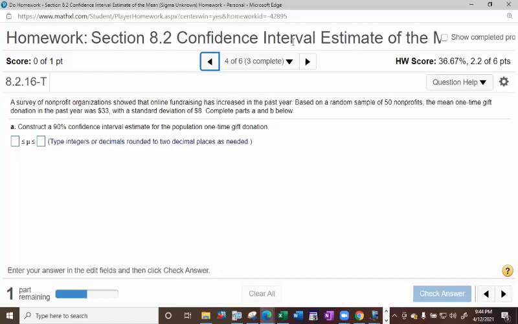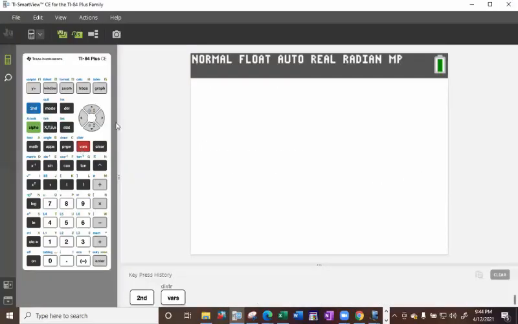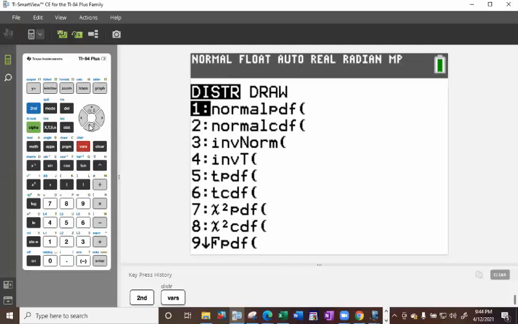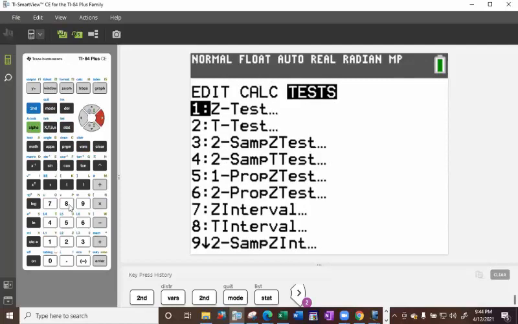Random sample of 50 nonprofits, mean, standard deviation, parts A and B, 90%. All right, she should be straight up 90% T interval. So I can't even pick the right choice anymore here.